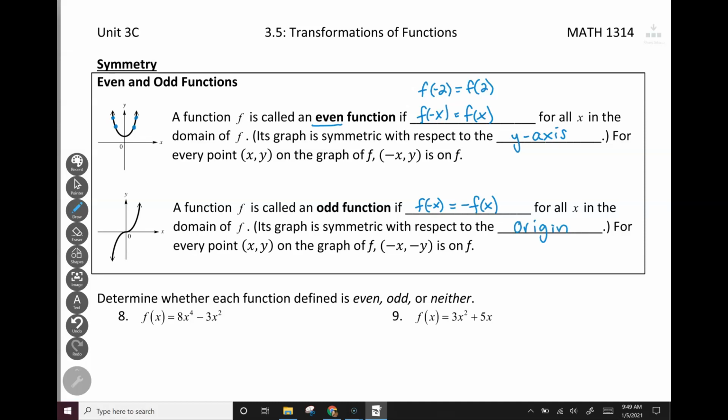And for every point x, y on the graph of f, you're going to have -x, -y on f. Okay, so let's talk about what all of this means. So if you plug in -2 again, that means I should get negative f of 2.